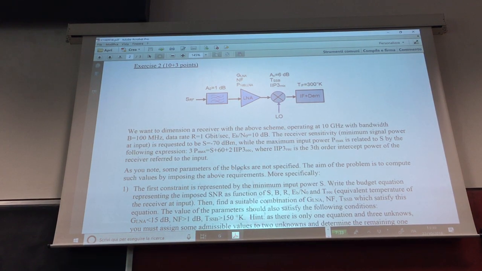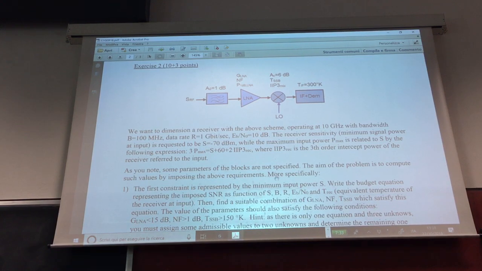As you know, some parameters of the blocks are not specified. For instance, F, the low noise amplifier gain, T SSB. The problem is to compute such values by imposing the above requirements.